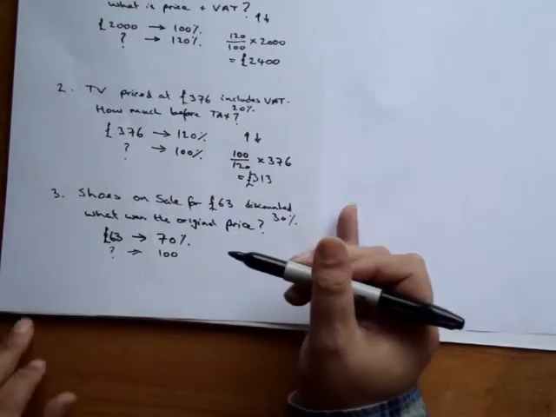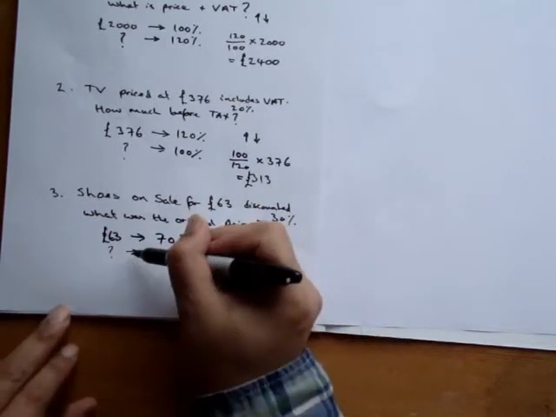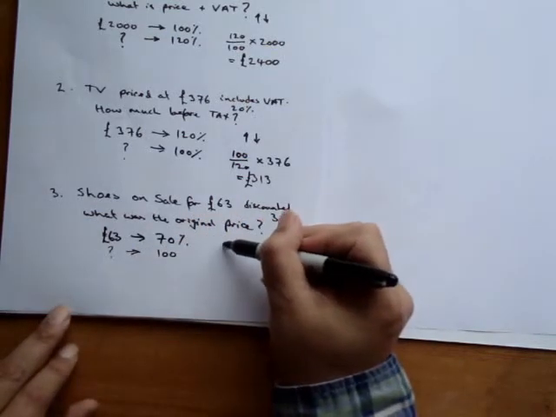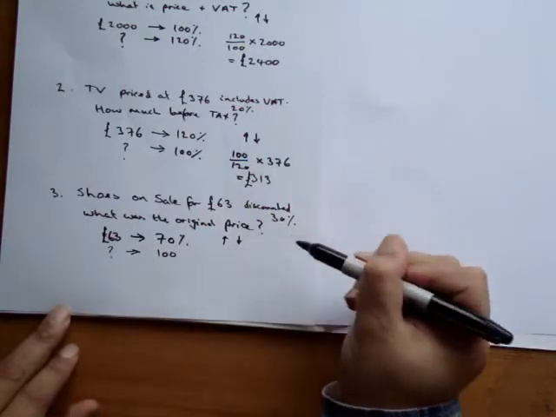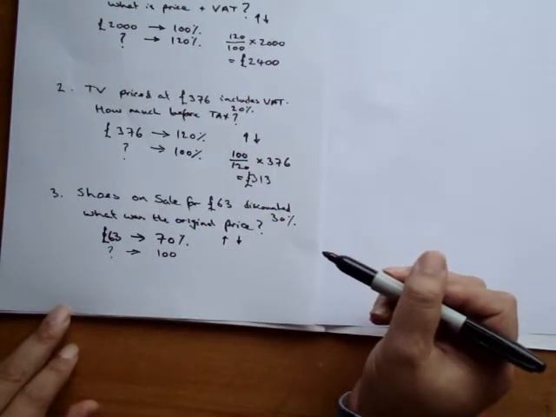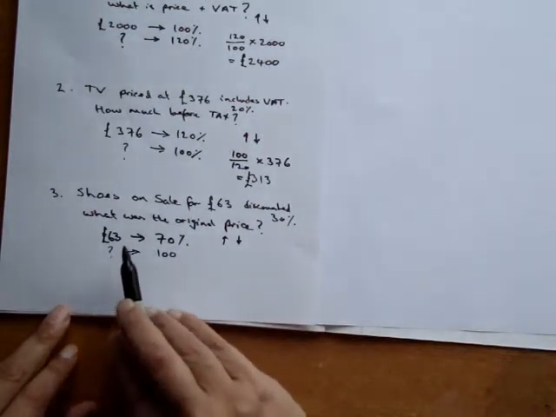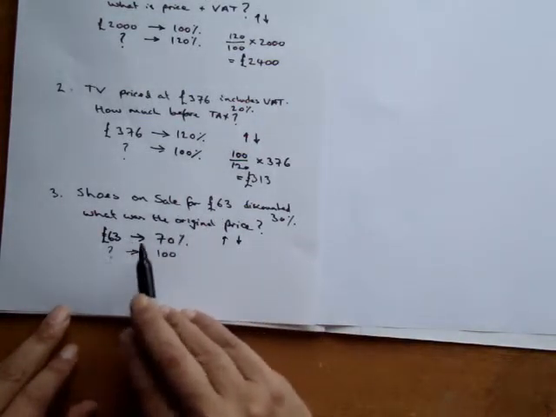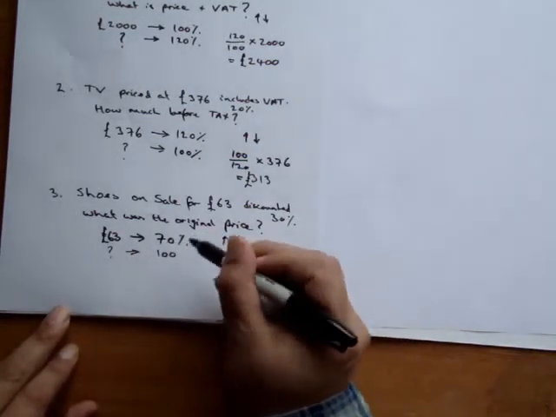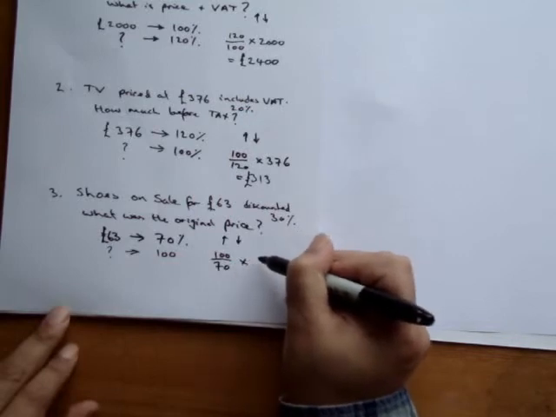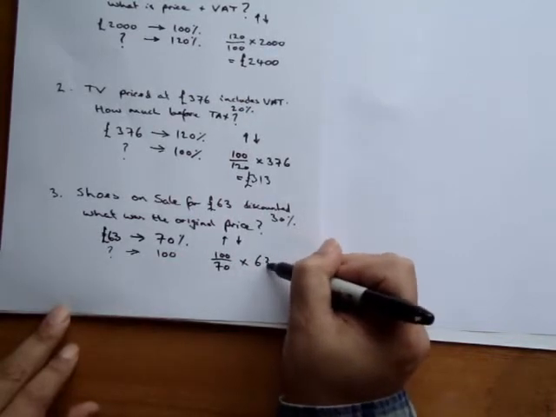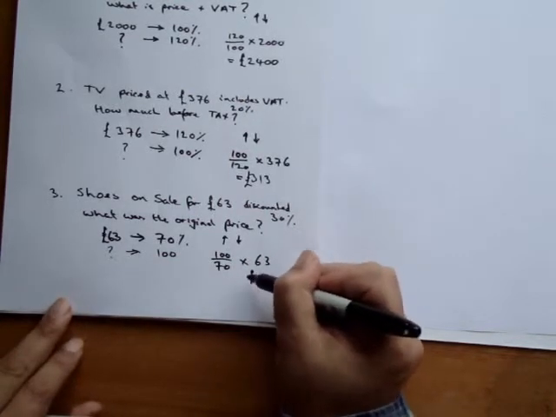So do we want to make our final answer larger or smaller than £63? Well, we want to make it larger. So our ratio has to go 100 over 70 multiplied by 63, which is £90.